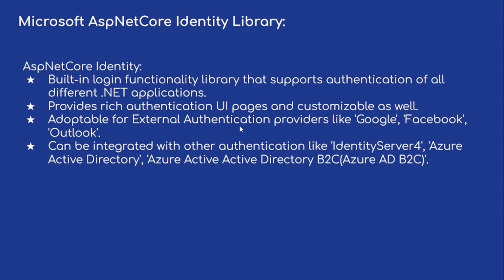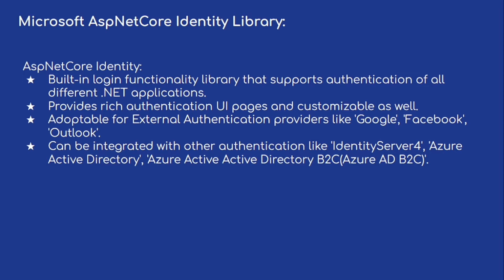It is adaptable for any external authentication providers like Google, Facebook, and Outlook. Its table structure and authentication process can be compatible with external providers like Google Authentication, Facebook Authentication, and Outlook as well.